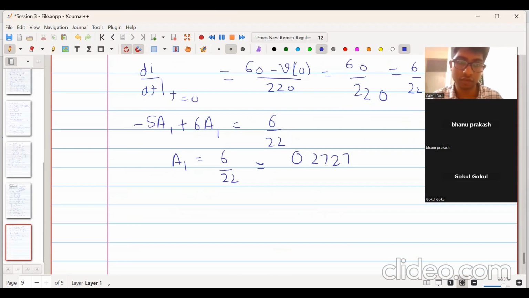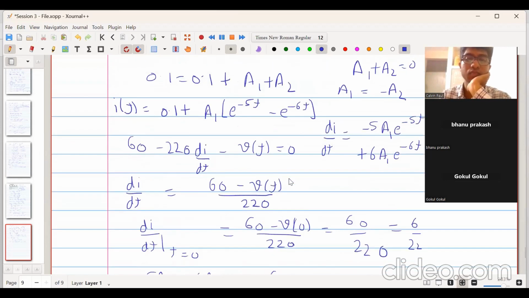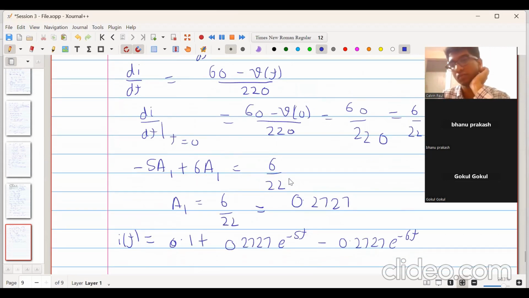So that's why we got the equation of I of t to be equal to 0.1 plus 0.2727 e to the power minus 5t minus 0.2727 e to the power minus 6t. So any doubts in this? No, sir. Okay.